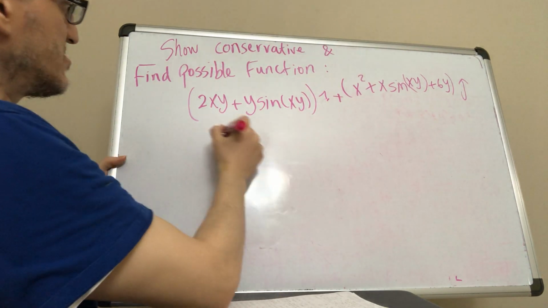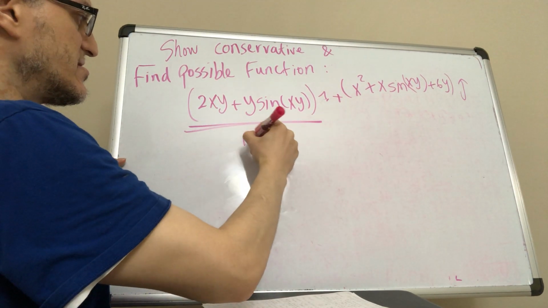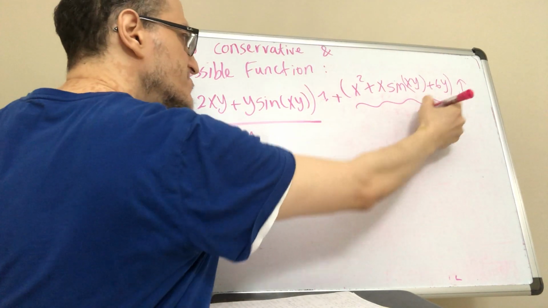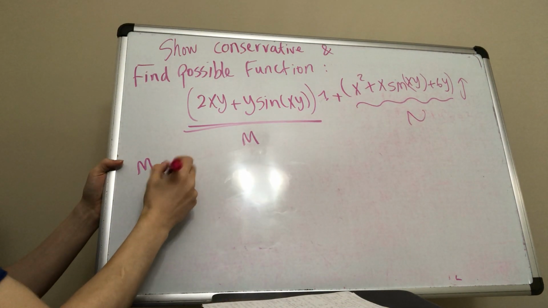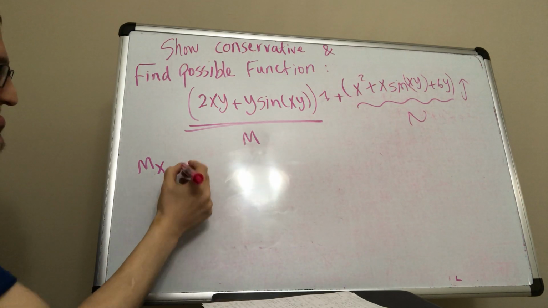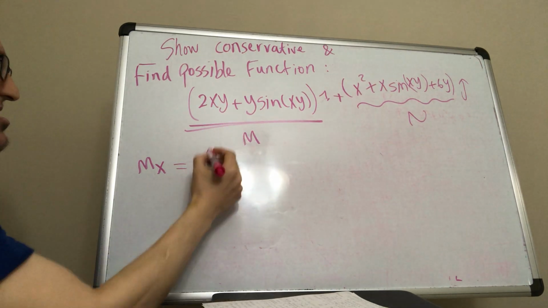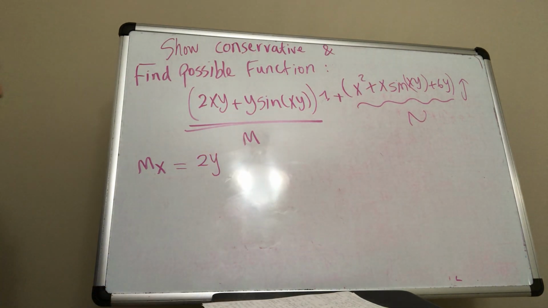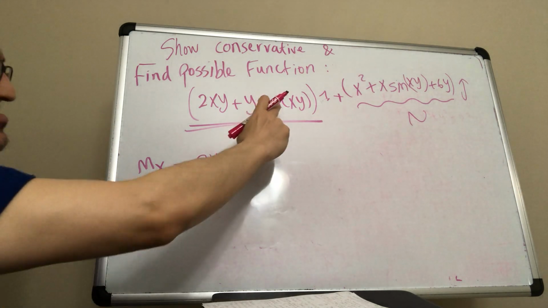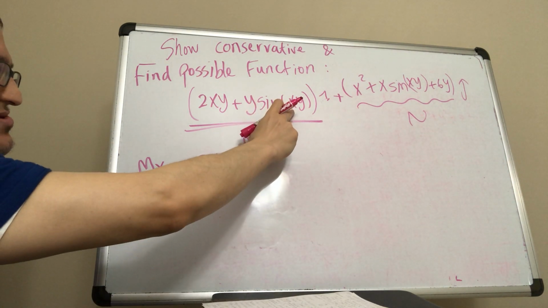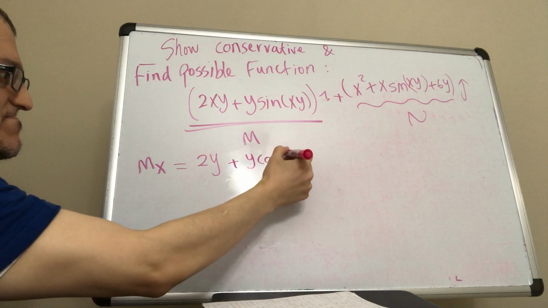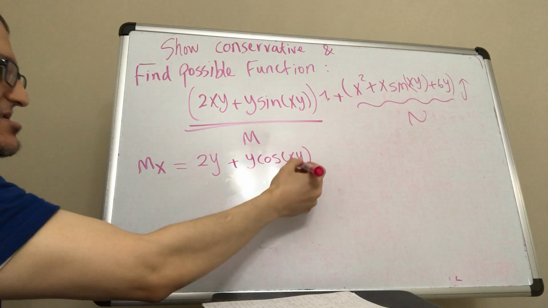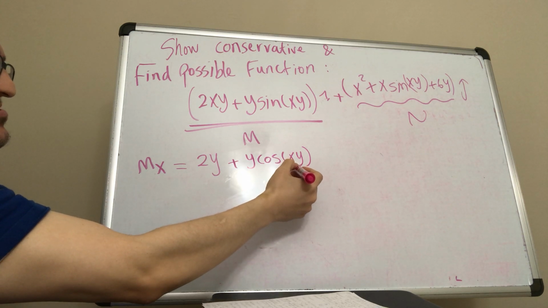So to test for conservative, we call this M, we call this N. We find the derivative of this with respect to x. A constant x is just a constant. Derivative of this, y is a constant. Derivative of this would be cosine times the derivative of the inside.